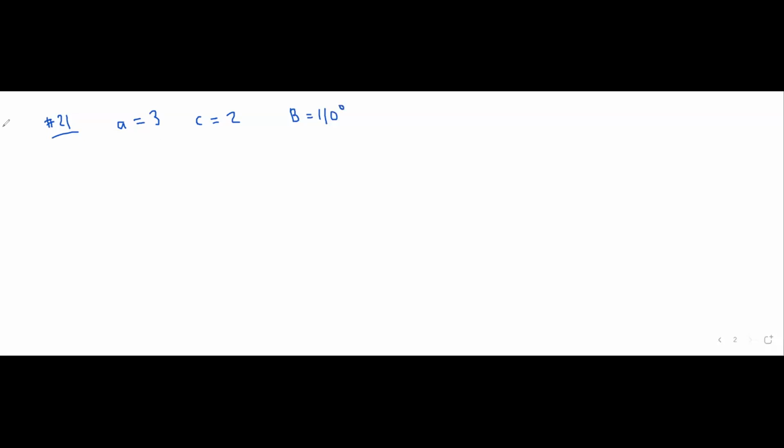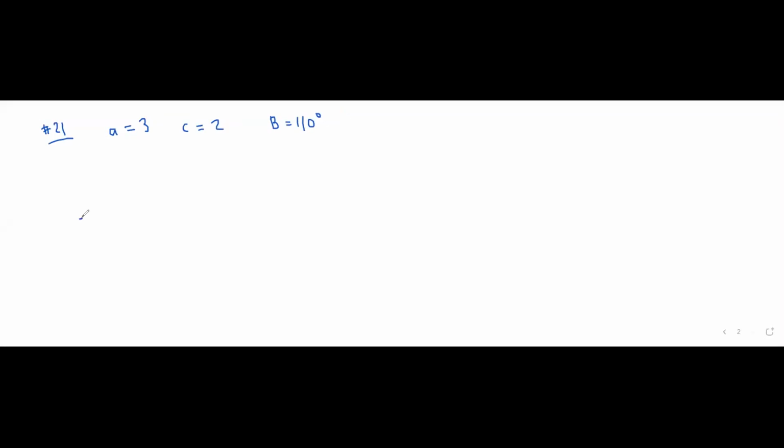So I'm going to try to get this pictured first. The way we picture it is we put two sides, say A, and a little shorter side C, like that. And then the angle will be right in between, because that's angle B. It is 110 degrees.